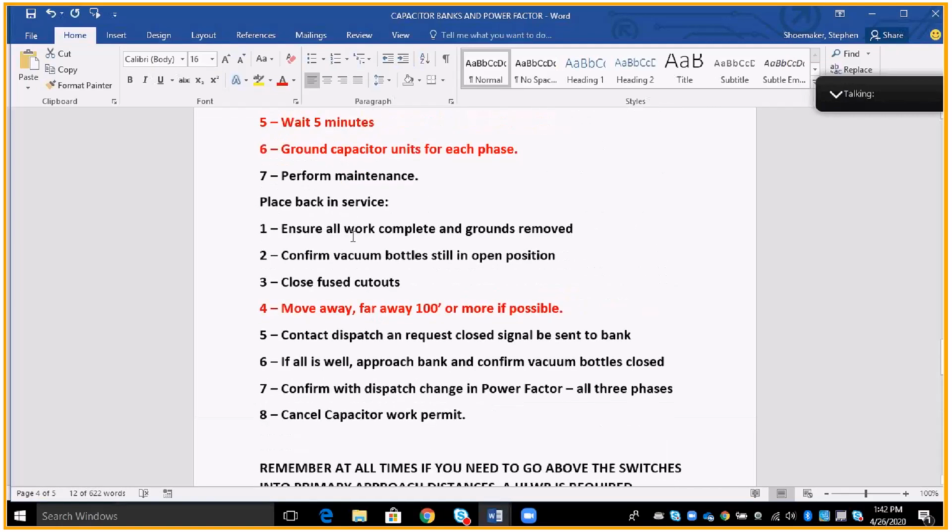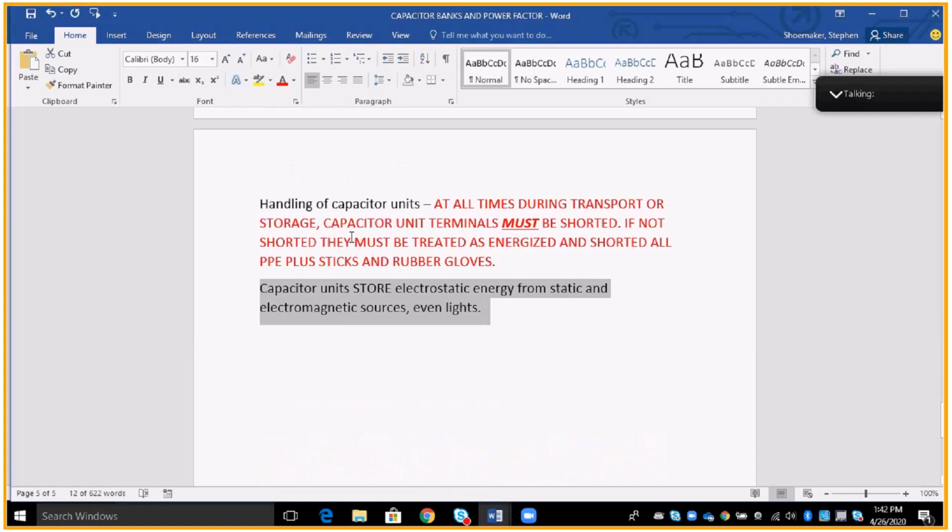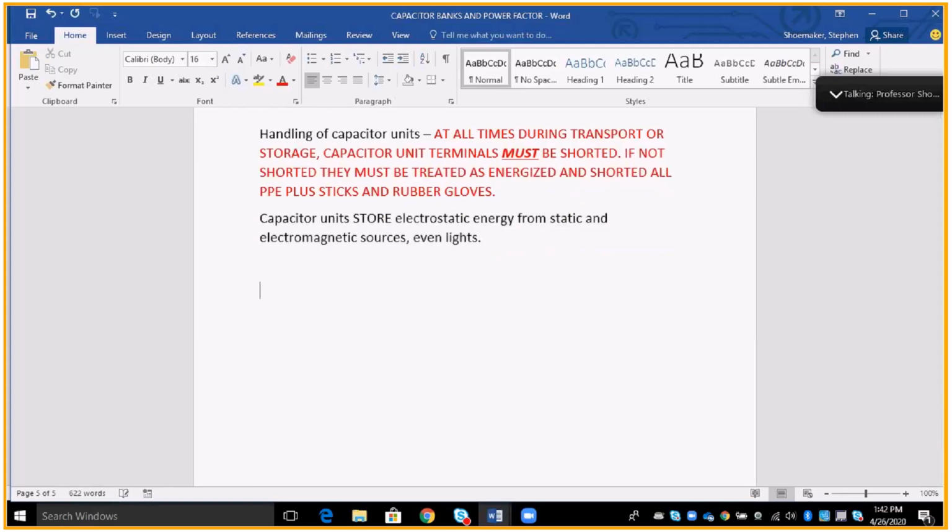All right, one last piece right here. Remember, when the bank opens or closes, for both switches and vacuum bottles, hearing protection is required.